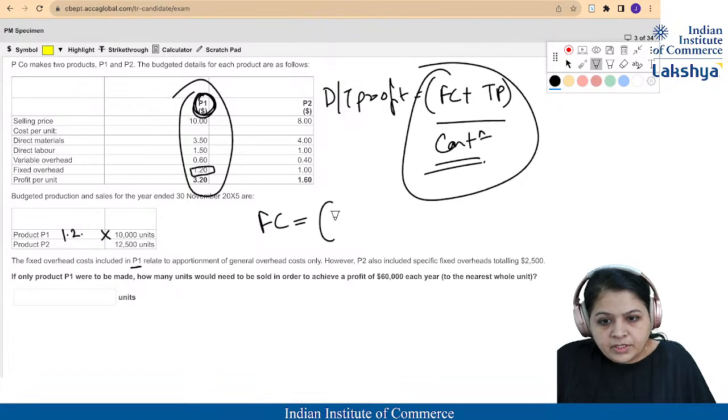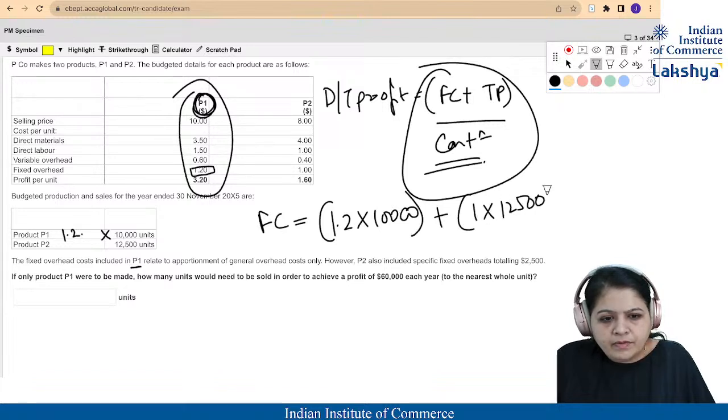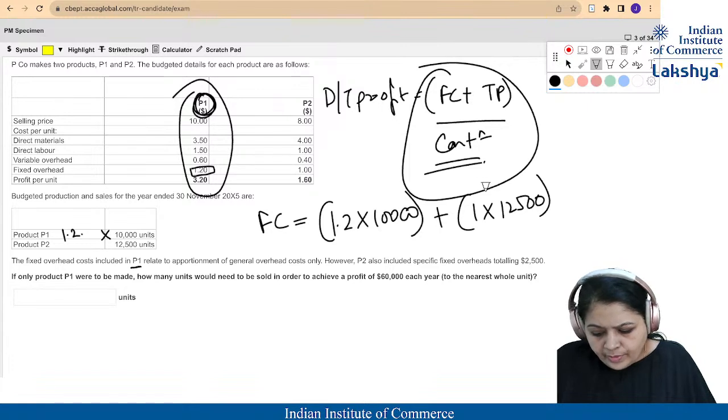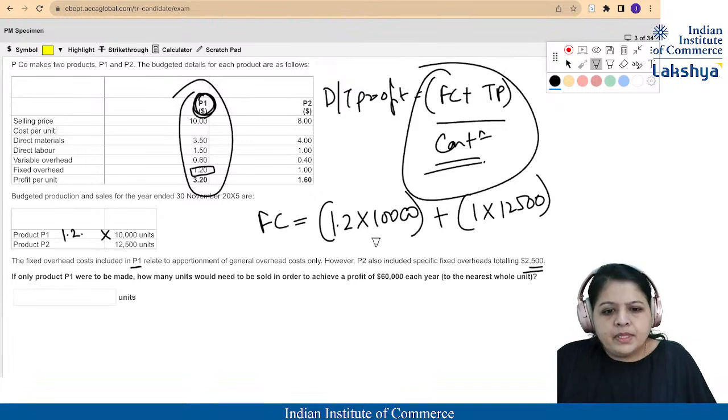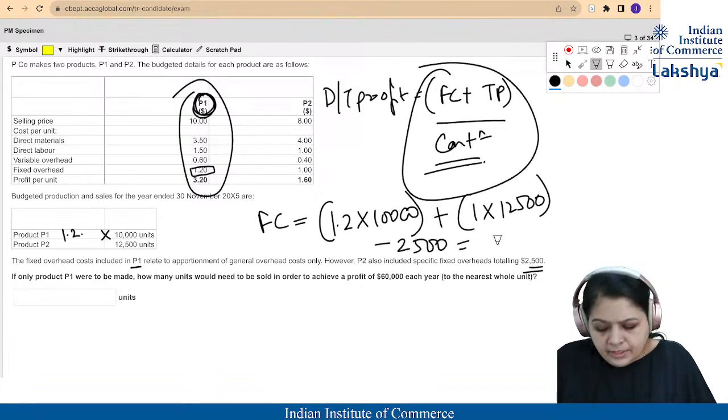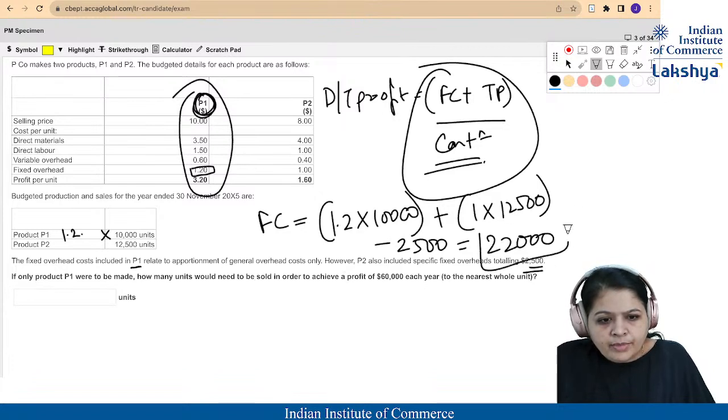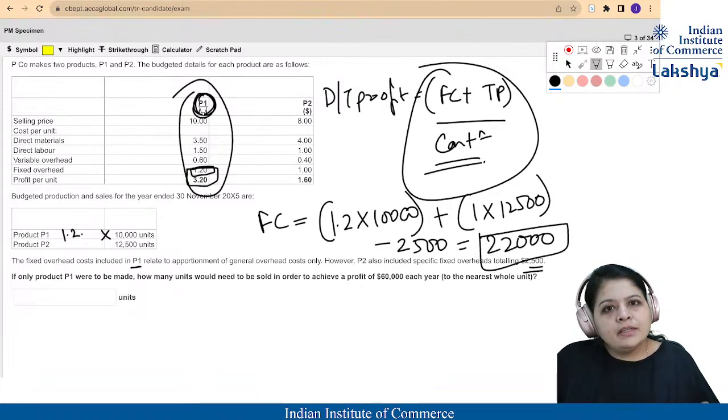So the fixed cost is 1.2 into 10,000 units plus 1 into 12,500 units. So 1.2 into 10,000 plus this minus your 2,500, so that comes to 22,000. And now we have our fixed cost. My contribution is going to be, either I can take 3.2 plus 1.2, or I can take my selling price minus all the variable cost.